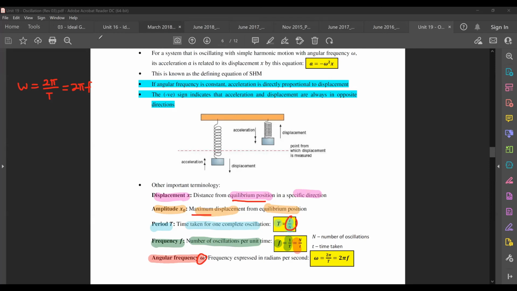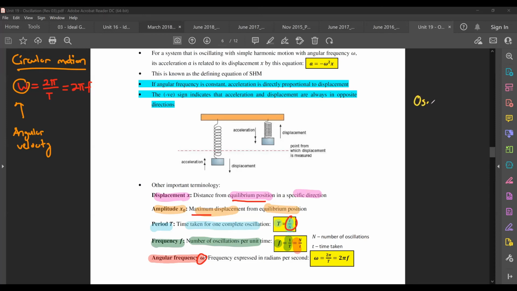This one, you have actually seen before, in circular motion, in the first chapter of A2. But in that chapter, this was defined as angular velocity.